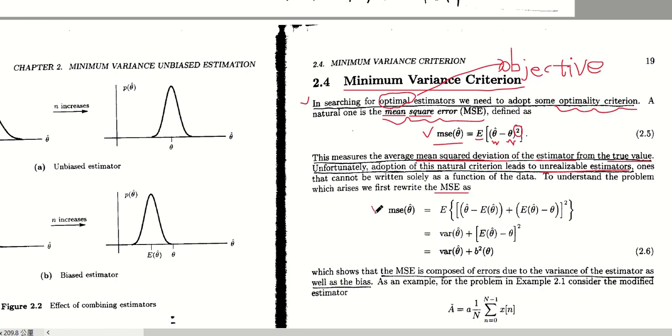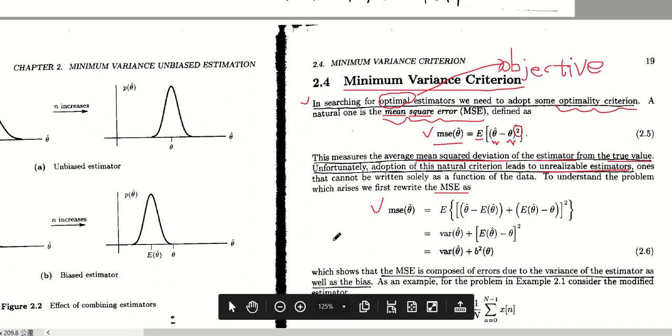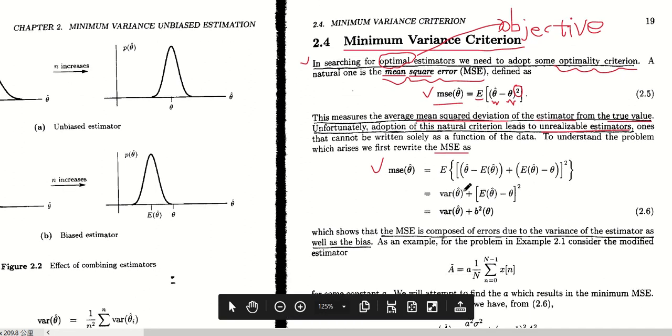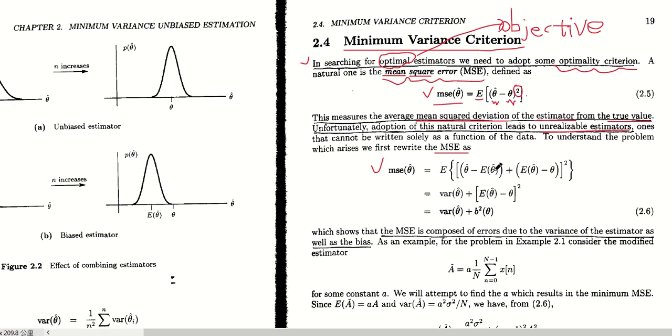We take a look at the derivation: the expectation of theta hat minus E theta hat, plus E theta hat minus theta, and then take the square. E theta hat is temporarily a dummy variable, because originally you have theta hat minus theta.